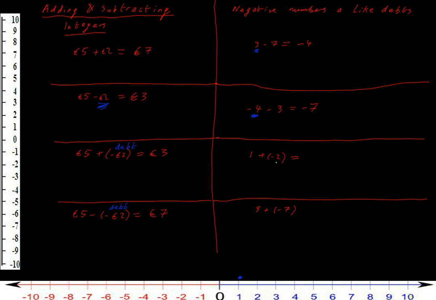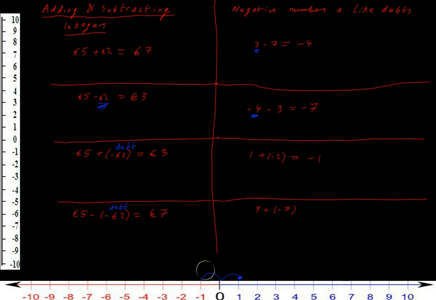So we're going to be going downwards. We're adding on a negative, so we are going to end up reducing our amount. So we're going to go down by 2 because we're adding on a negative. If we think back to adding on our debt, we're going to go down by 2 because we have minus 2, and we end up down at minus 1.